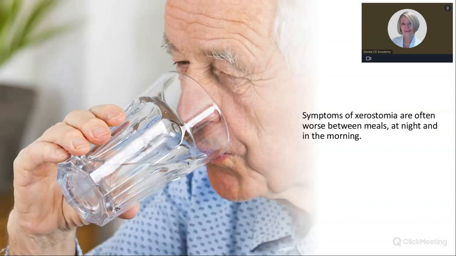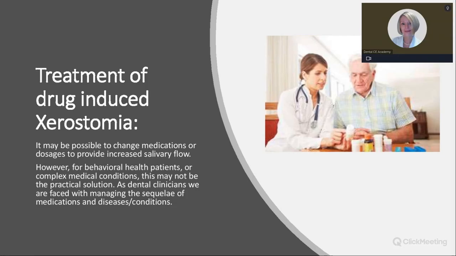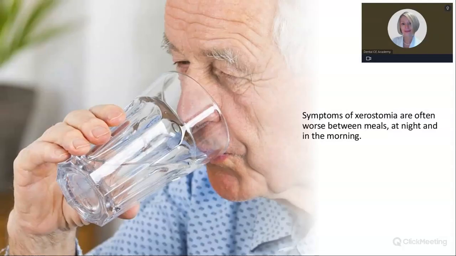So we do want to make sure that we're not practicing in a silo, but that we have a conversation with the medical team, let them know the concerns of the dry mouth and what we've seen, and certainly work with the physician to come up with a treatment plan that may be beneficial to the patient.